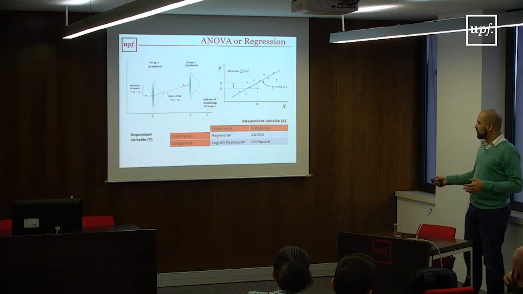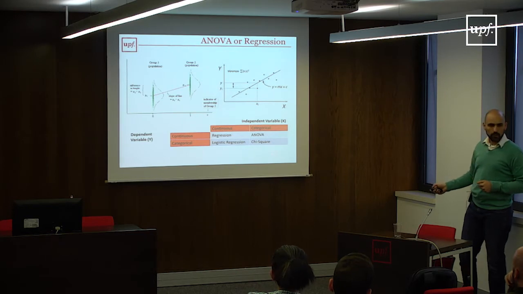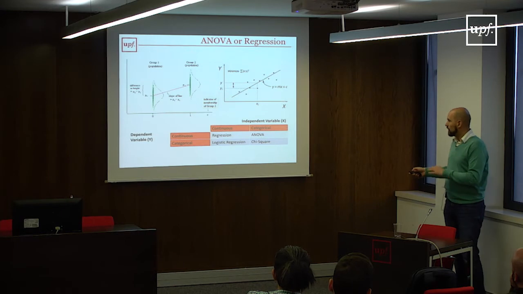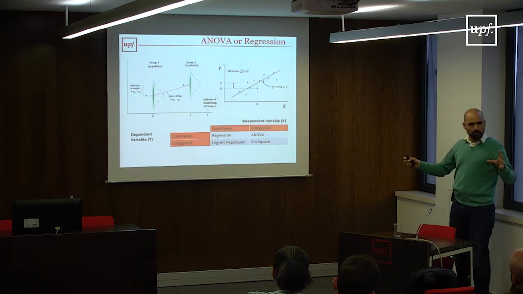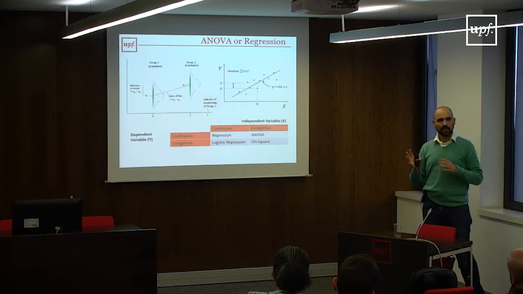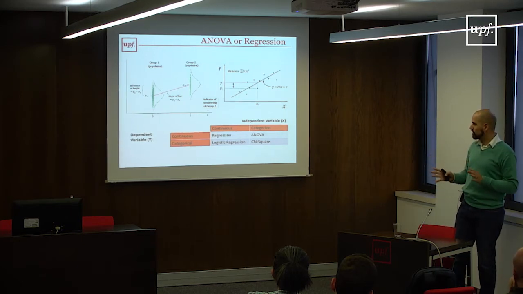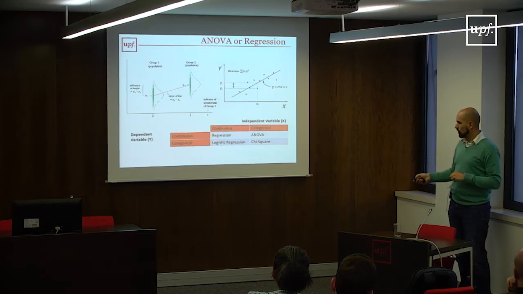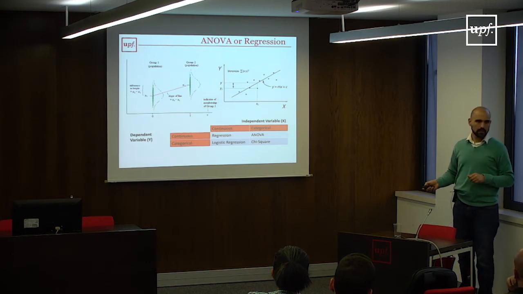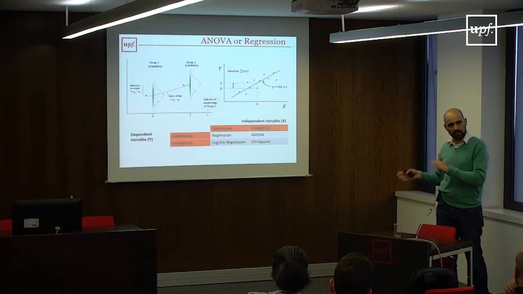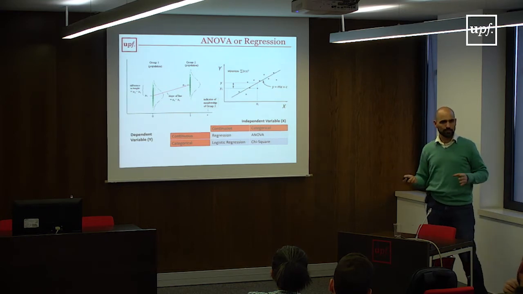Or the case in which they are both categorical, and we can run what is called the chi-square. They are all related, and they all work with sum of squares somehow in different ways. We are not going through these two, but with the knowledge you have acquired in this course, if you need to study them, you should be able to do it.